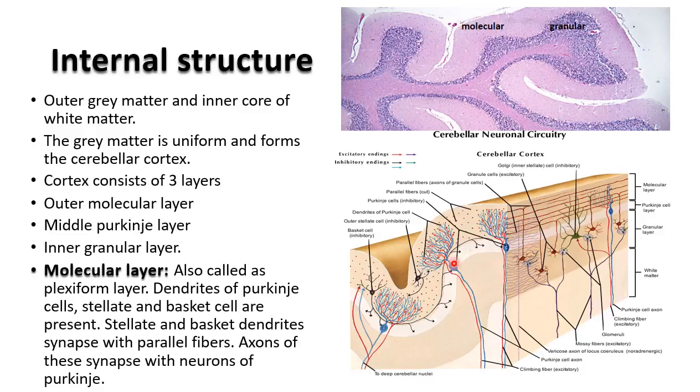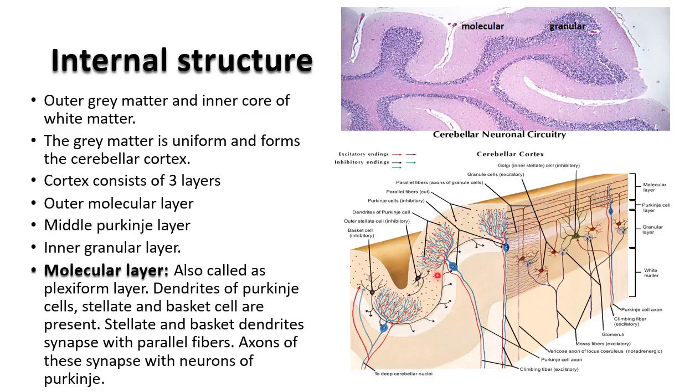Okay, now apart from that, the other fibers you come across are the climbing fibers. Okay, so the climbing fibers, you are able to see that. They are also entering and making synapses with the Purkinje cell dendrites, near the junction between the body and the dendrite. You are able to see that synapse mainly. So you see the axons of the climbing fibers, then the parallel fibers, then the stellate and basket cells, and then the dendrites of the Purkinje cells.